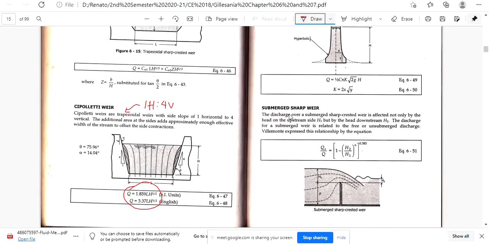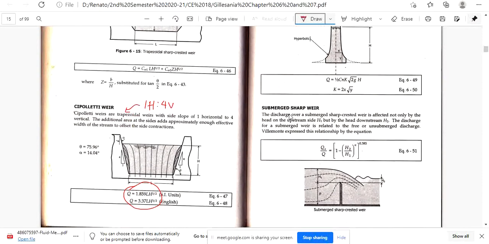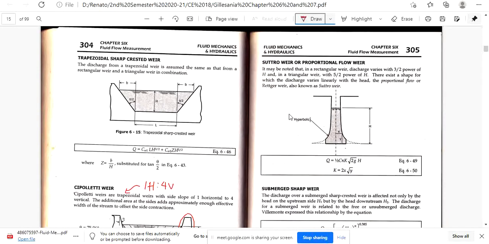Okay? So, basta kay mayo na nga basta kana kay actually Sipoleti ware is also a trapezoidal ware but the side slope, ang side slope is mao ni. Okay? The side slope is 1 horizontal to 4 vertical. So, mao na siya ang equation nga automatic. Di na ka magingani. So, kani is the rectangular ware.